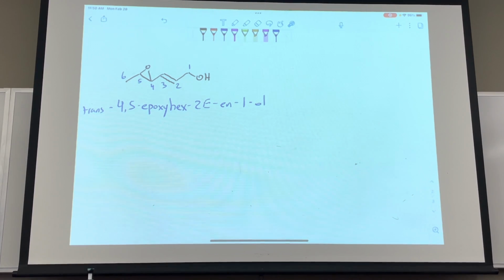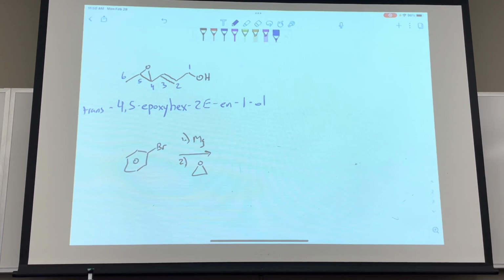So for instance, just as a quick review, if you had an alkyl halide, you could add magnesium to make a Grignard reagent, and then you could throw in ethylene oxide.